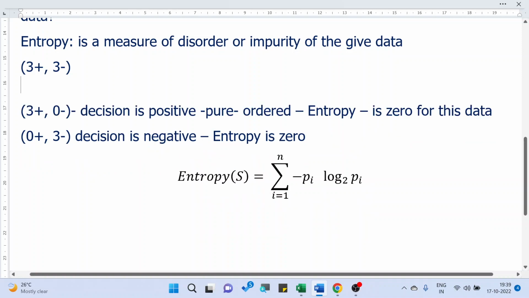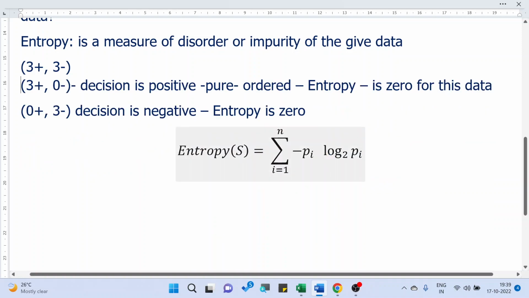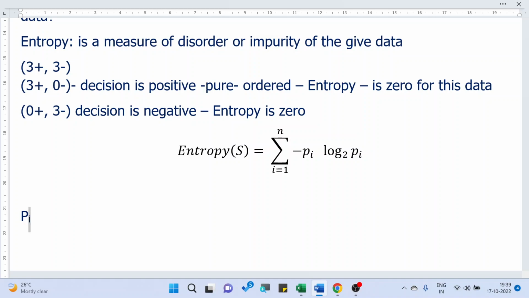Entropy is calculated from the formula: minus Pi log base 2 of Pi. Here Pi is the fraction.